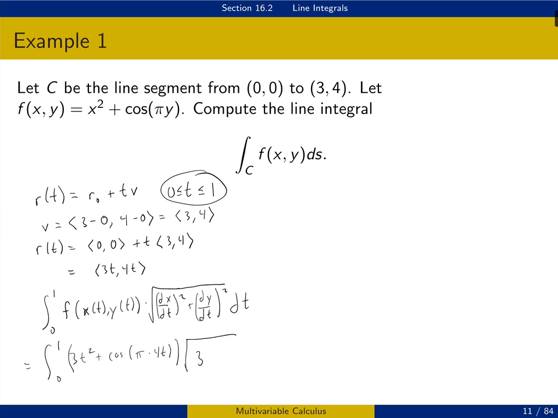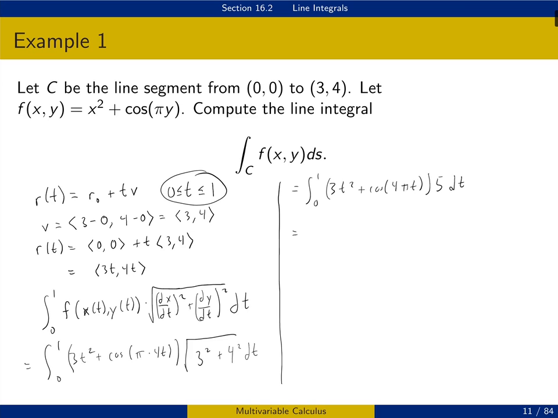So we get 3 squared. dy/dt is the derivative of 4t, which is 4 squared. You probably remember that 3 squared plus 4 squared is equal to 5 squared. And so this is going to give us the integral from 0 to 1 of (3t squared plus cosine of 4 pi t) times 5 dt. Now we just need to evaluate the integral.